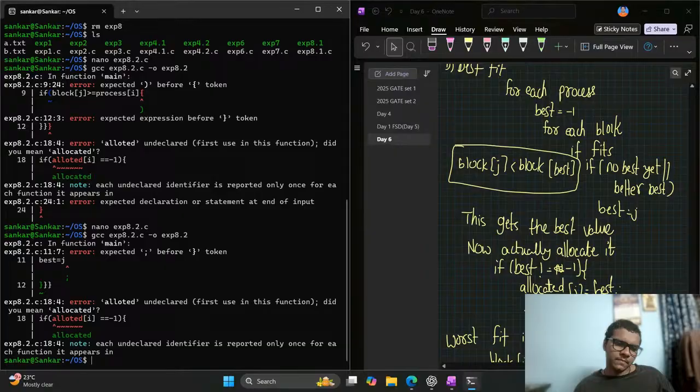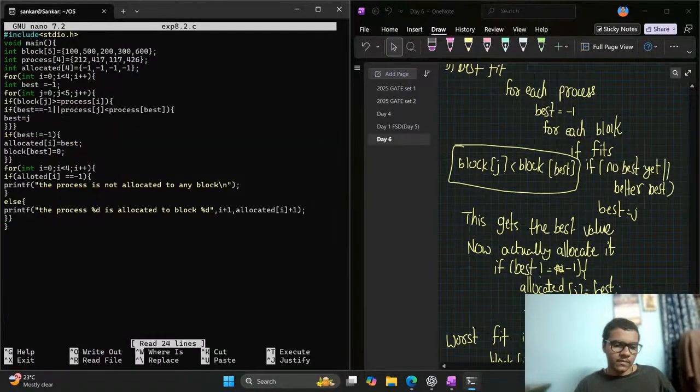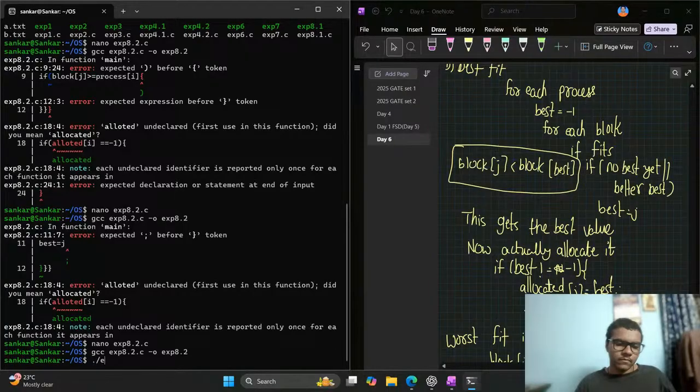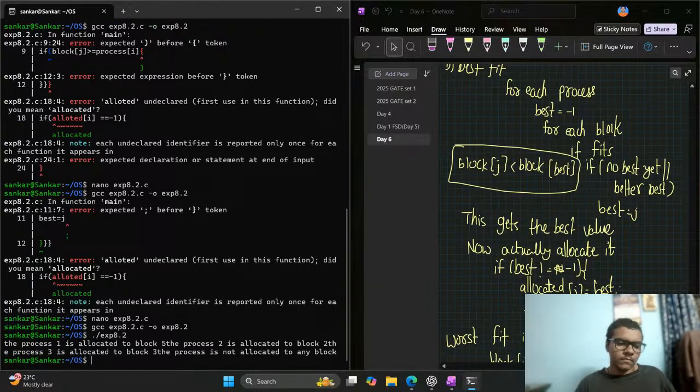Now what? Okay, I did not change the allocated. I see. A semicolon and an allocated. I put backslash and I didn't.